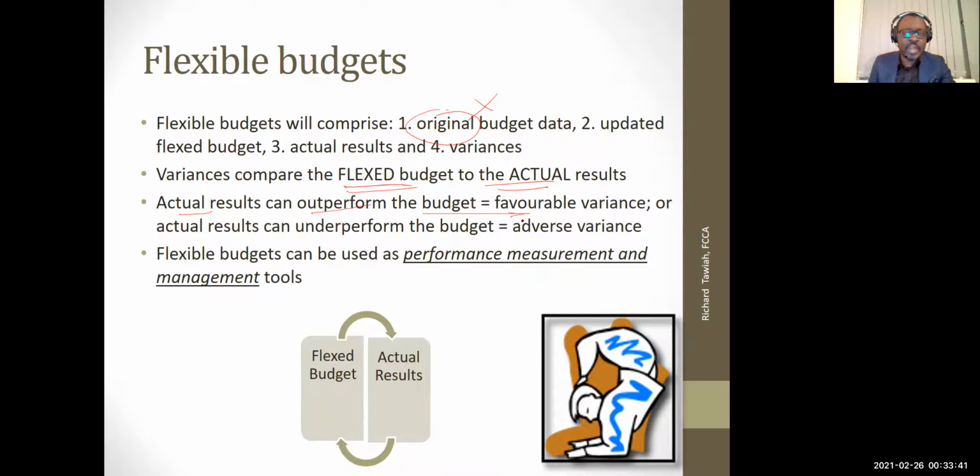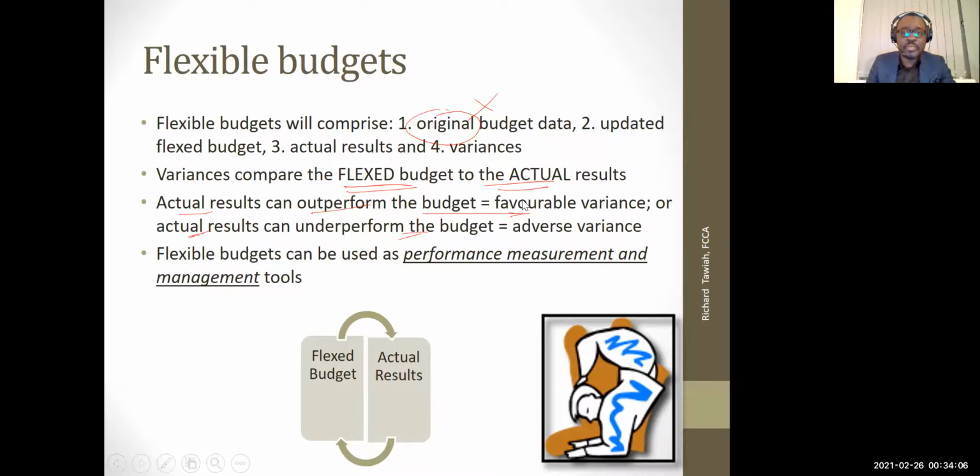But if our actual revenue goes far beyond our flexed budget, that's favorable. Take a good look at that. So the same applies. When our actual results underperform the budget, it could be adverse, depending on whether you're analyzing from a cost perspective or a revenue perspective.